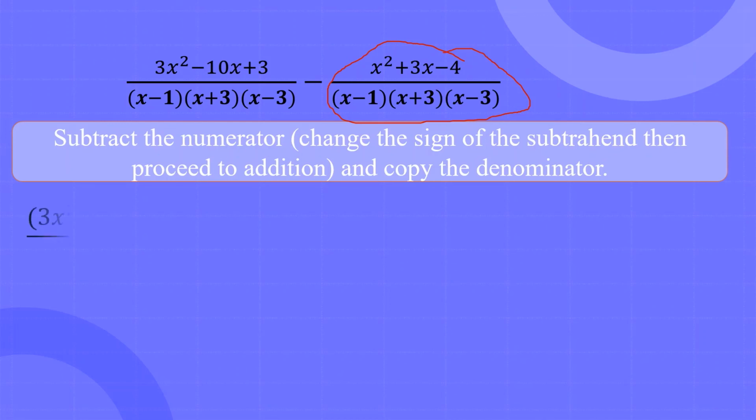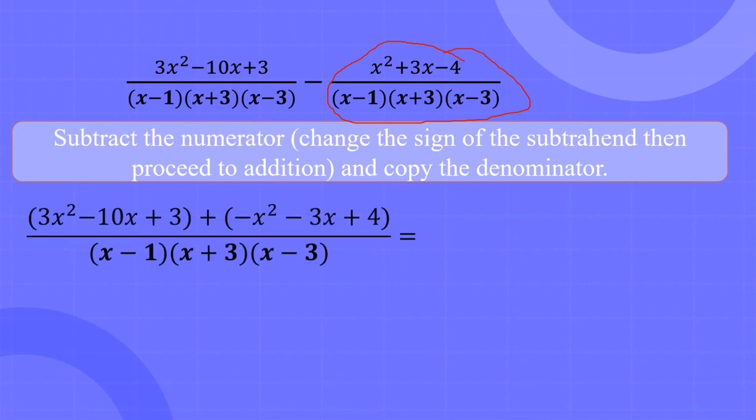So we will come up with 3x squared minus 10x plus 3. Then change natin yung sign dito sa subtrahend from positive x squared magiging negative x squared. From positive 3x magiging negative 3x. From negative 4 magiging positive 4. Then proceed to addition. Okay, so let us now combine similar terms.